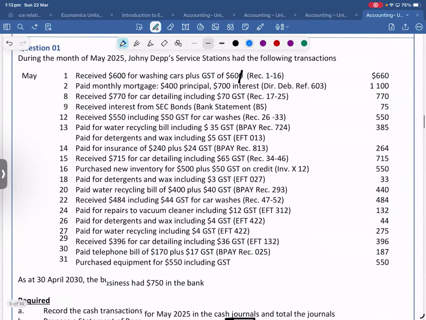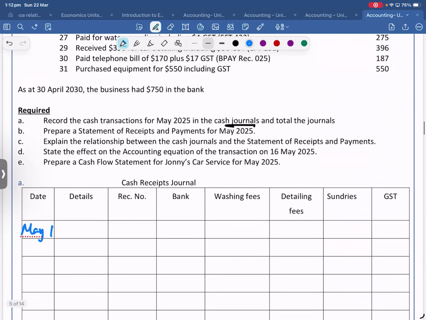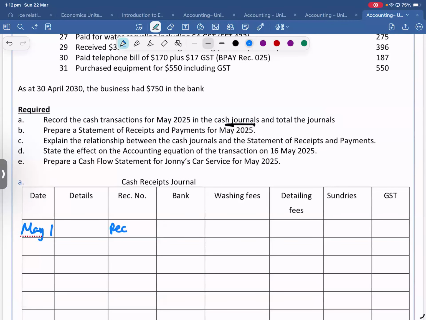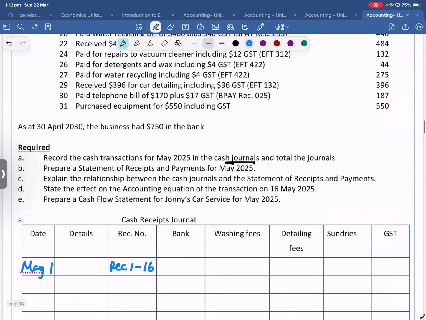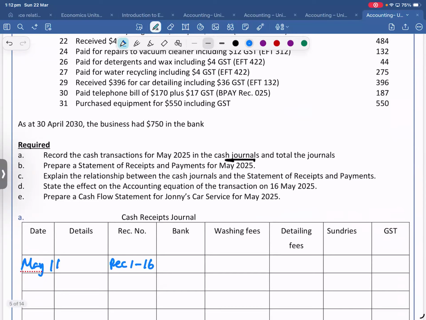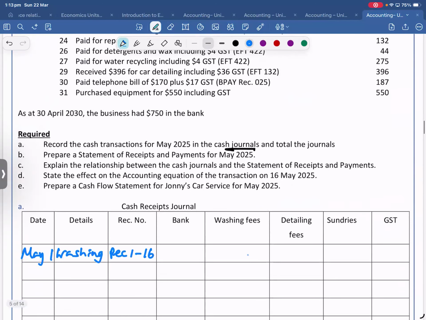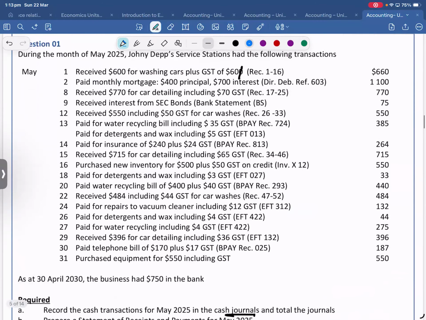Receipt number is given 1 to 16, right? Receipt 1 to 16, right? Details: washing. Washing fees, which is 600.